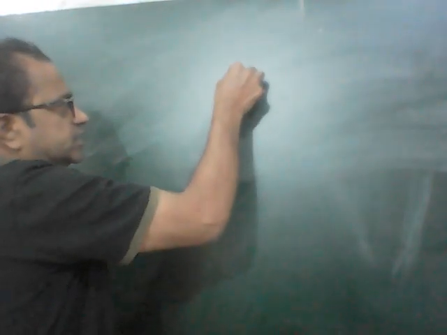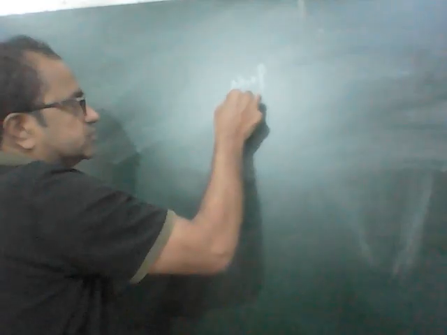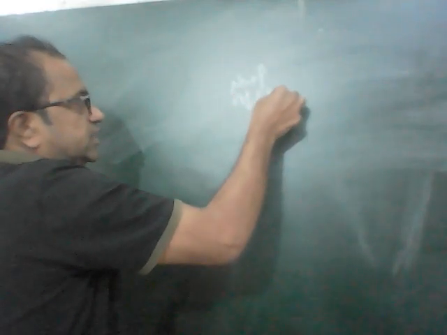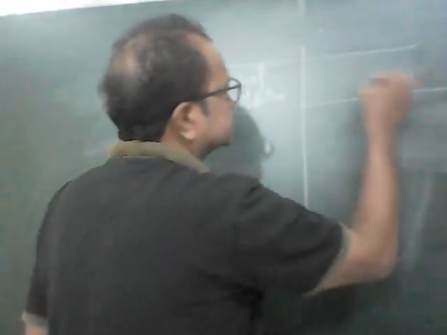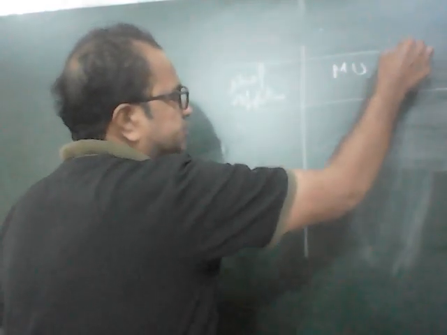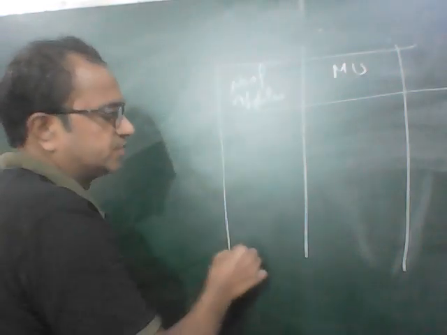For example, there are a number of apples available for consumption, and we look at the marginal utility from the apples.